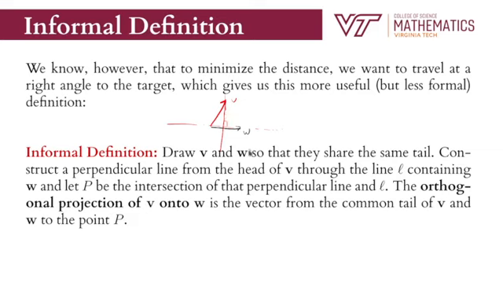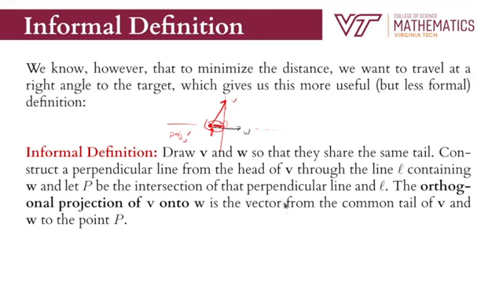That's the construction we're going to put on. The orthogonal projection of V onto W is the vector from this tail to the point where the perpendicular intersects. And so that little piece right there is the projection of V onto W.